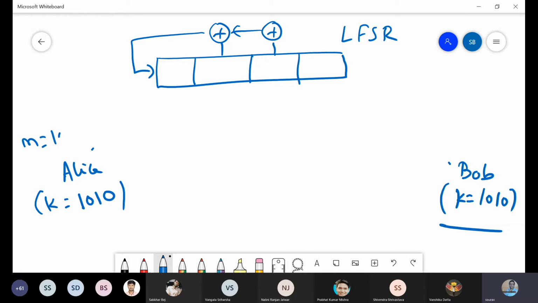Alice wants to encrypt this message. So Alice has to generate the key stream, and Bob also has to generate it. How to generate the key stream? What is the idea? They have this box. Any quick answer?